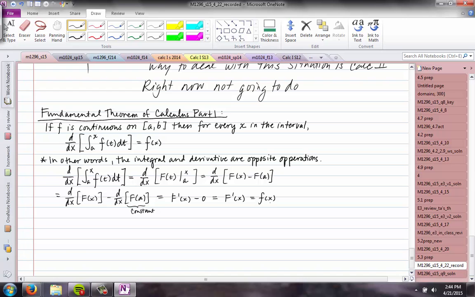The big F prime should get you back to little f. And then the a can be anything. It can be 0 or any other constant, because when you plug a value into the antiderivative and take the derivative of it, you just get 0. So there you can get back to the function f of x, and that's how that actually plays out with the steps in between. That's it for this section.